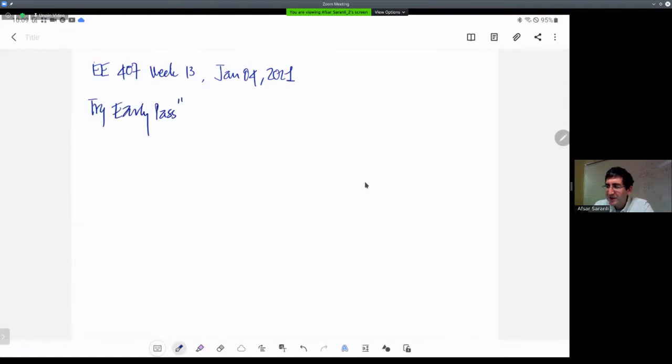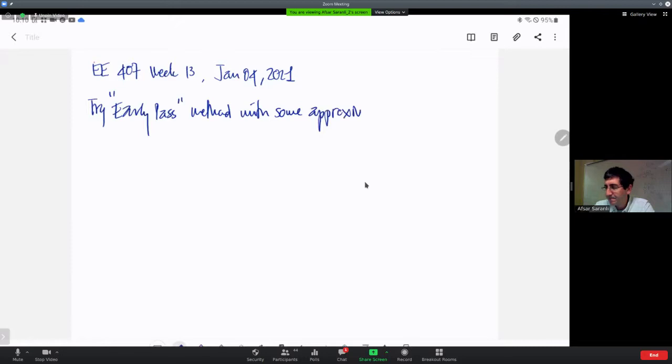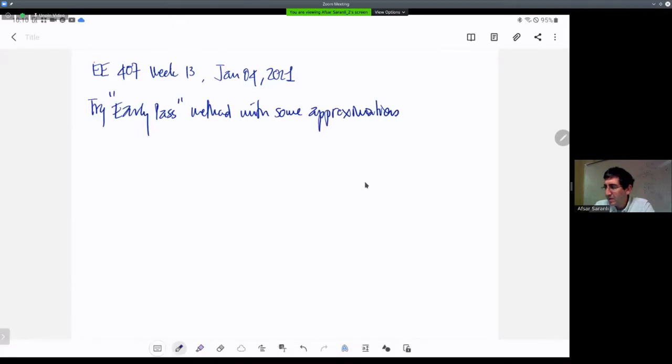Early pass method, not in the sense of designing a controller, but just trying to solve the differential equation. Early pass method with some approximations, before discussing the so-called lumped parameter approximation.